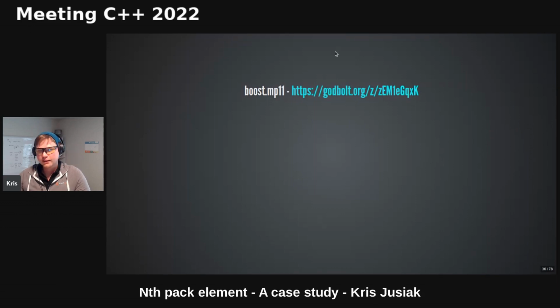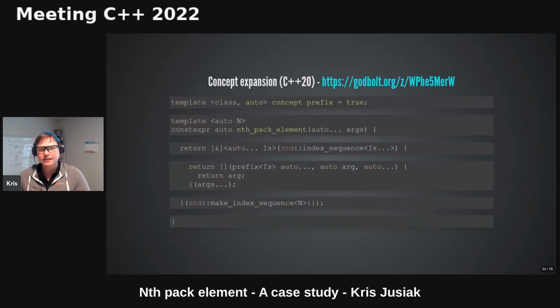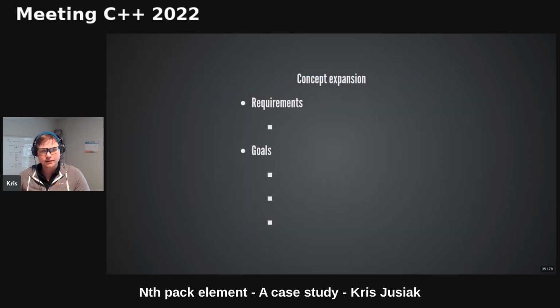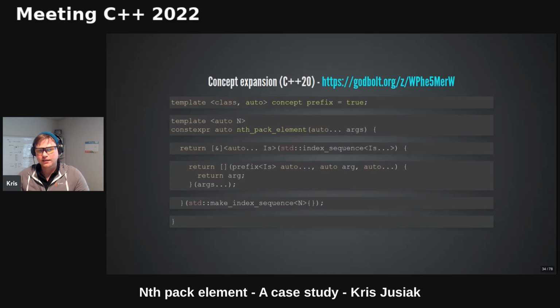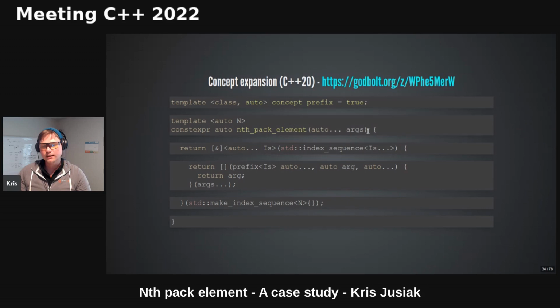Oh, I have a note from someone that I made a mistake on the slide. Slide 35 has an arrow using an arg instead of args, question mark. I don't think it's an error here. So just to go through, here we have the args. We propagate the args here, and we return an arg, which is the nth element.